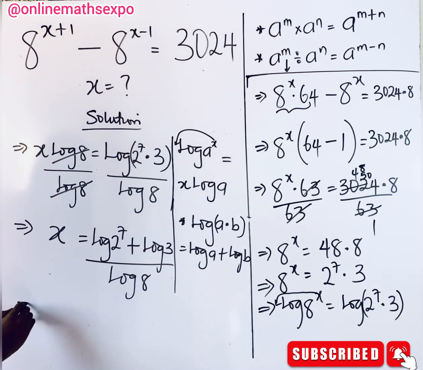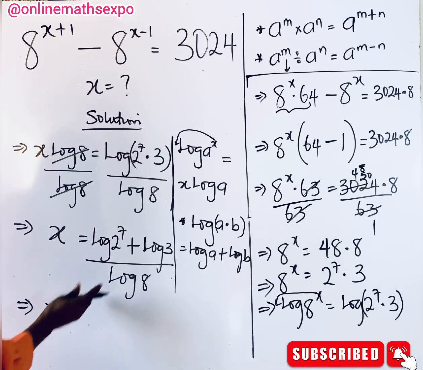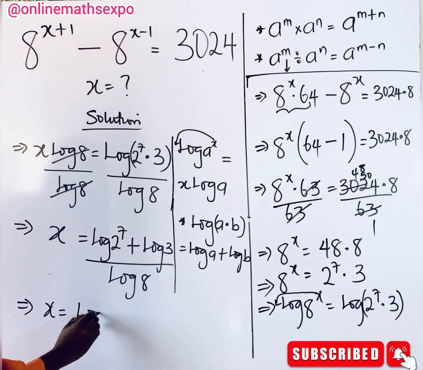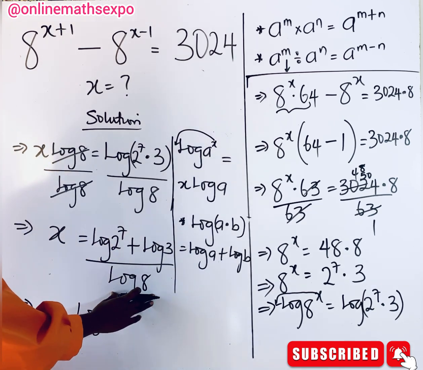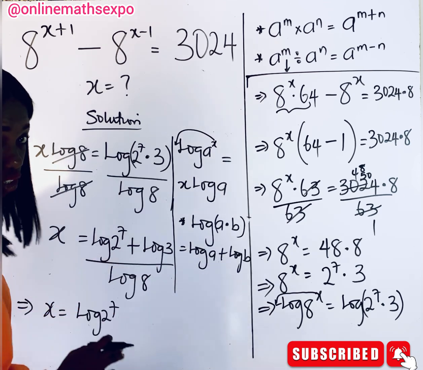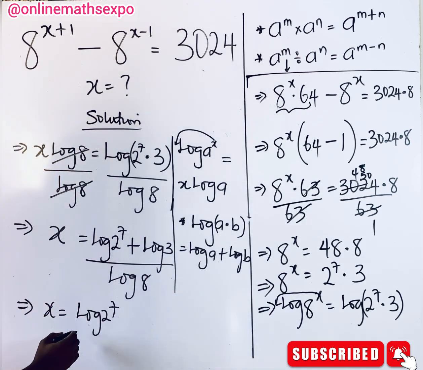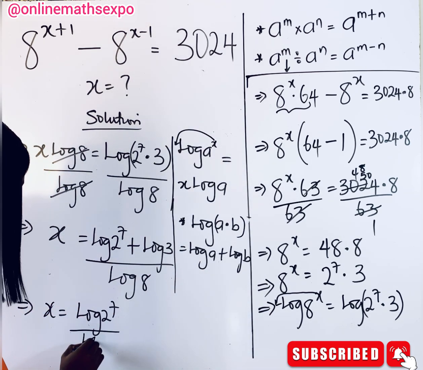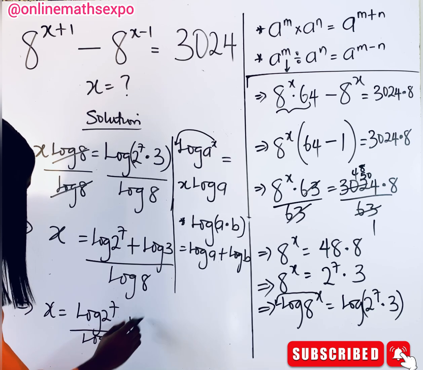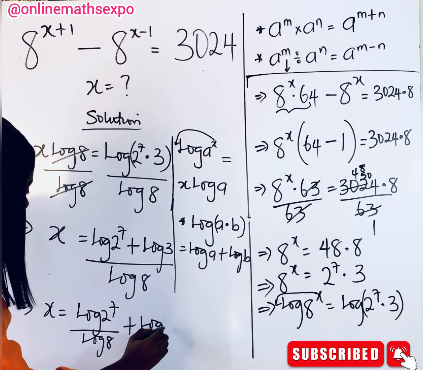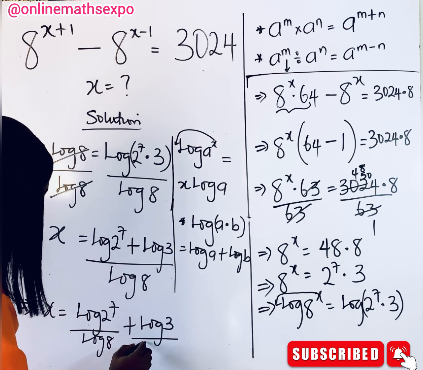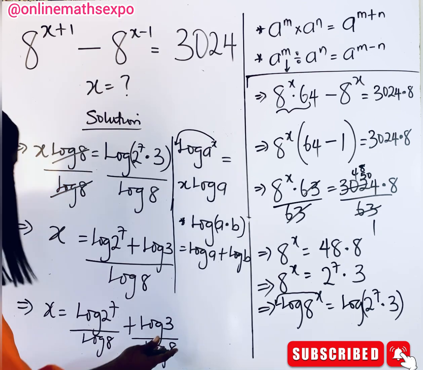So we are going to now have x is equal to log of 2 to the power of 7. Remember, you can use this denominator, log 8, to divide each of the numerators, okay? So this gives us x is equal to log of 2 to the power of 7 over log of 8, then plus, you can now have log of 3 divided by log of 8.